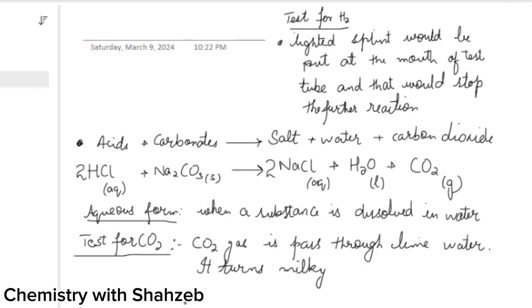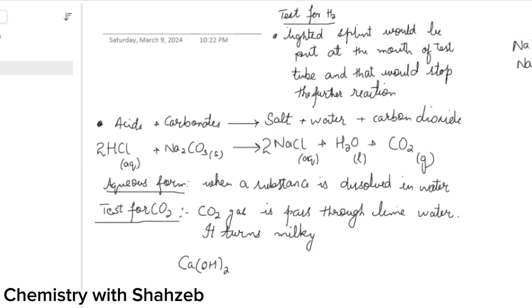Because of the formation of white precipitate. This is calcium hydroxide, which is lime water, and when carbon dioxide gas is passed through it, calcium carbonate particles form, along with water. So this is calcium carbonate in solid state, this is in liquid form, this is in gaseous form, and this is in aqueous form.